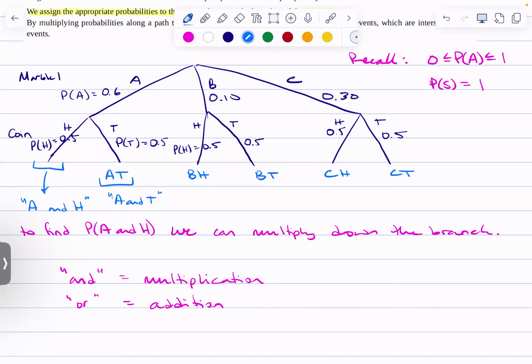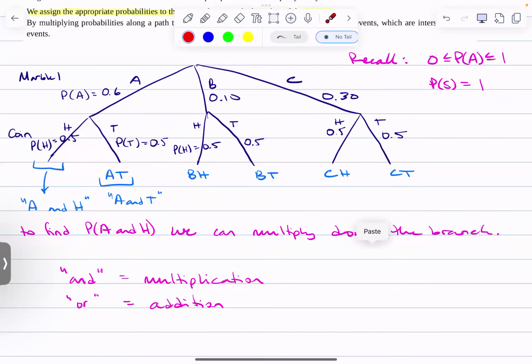Okay. So the probability of A and H in this case would be 0.6 times 0.5. So at the end of each branch, if you multiply down the branches, you would find the probabilities, right, of ending up at the end of that branch.